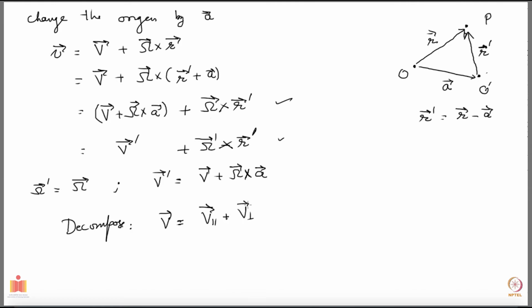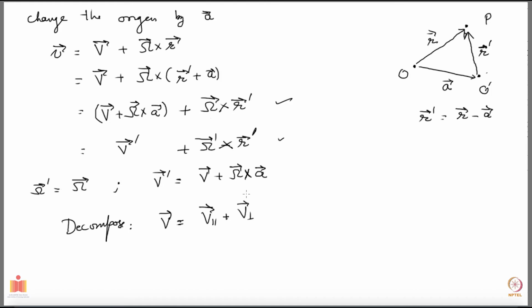Okay, so you look at the plane perpendicular to the axis, and your V is getting decomposed in these two. So one is parallel to omega, and then the remaining components lie in the plane perpendicular to omega.